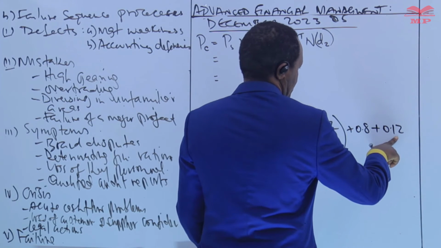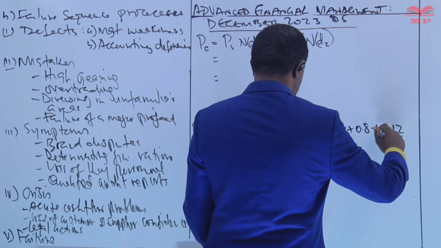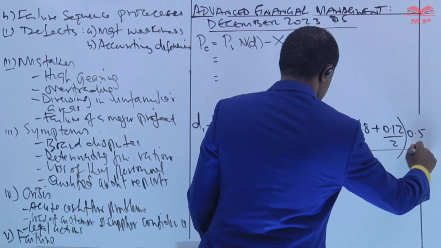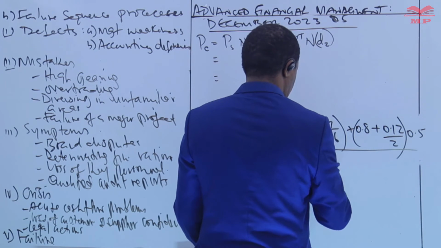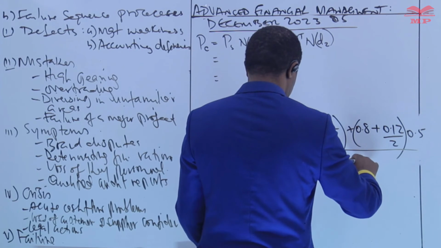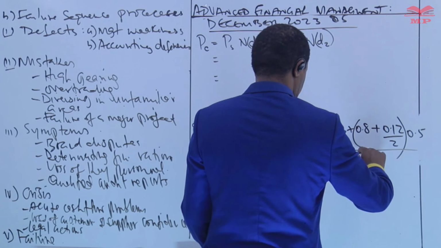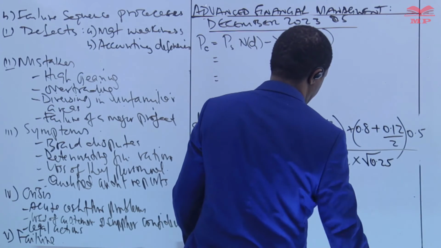Convert the rate into decimal, divide by 2, we multiply by 0.5. Divide by the square root of 0.12 times the square root of the variance 0.25.